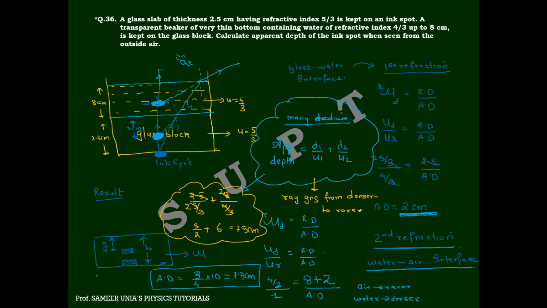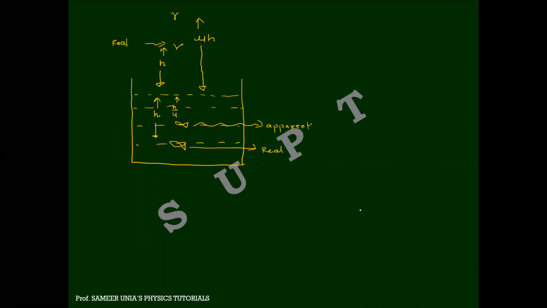अच्छा, if the ray is going from rarer to denser तो क्या करेंगे? तो ये शॉर्टकट क्या हो जाएगा? ये शॉर्टकट, दिस इज गोइंग फ्रॉम डेंसर टू रेयर, तो ऑब्वियसली the apparent depth will be less ना, d by mu. बट अगर रे इज गोइंग फ्रॉम रेयर टू डेंसर, आपको क्या फॉर्मूला लिखना पड़ेगा? म्यू बाई डी नहीं, म्यू डी.